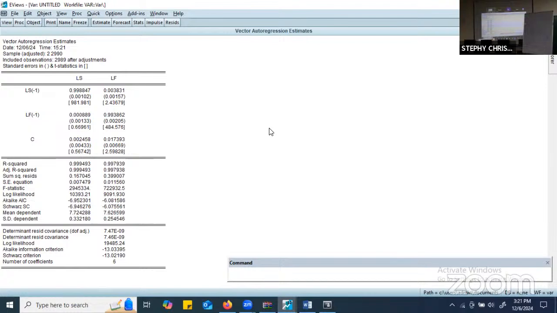Okay, look at this result. I have used the log data. This is wrong, but here I'm just showing how to write the interpretation. Now look at the equation: LS is a function of the lagged value of LS and the lagged value of LF. Is it significant?